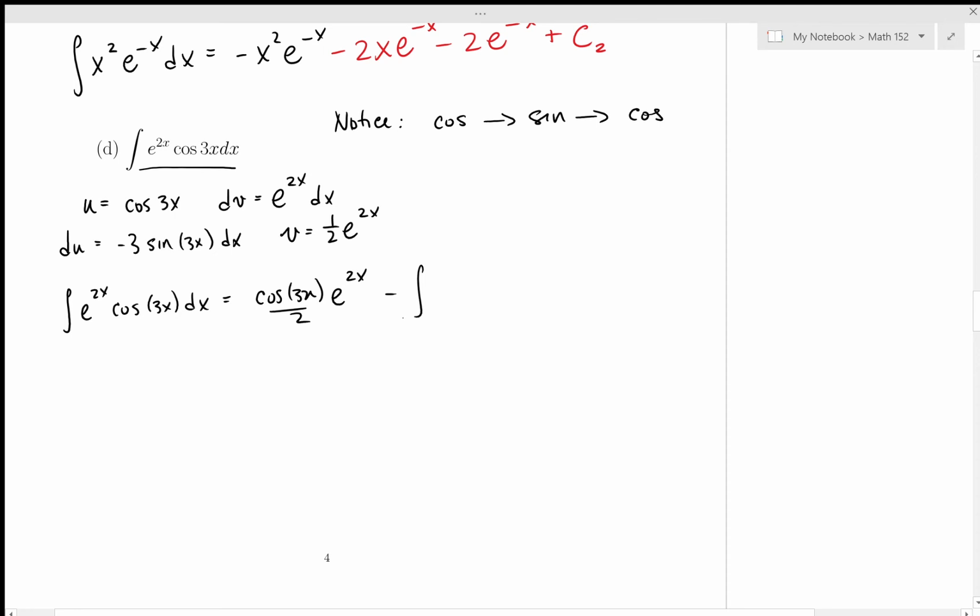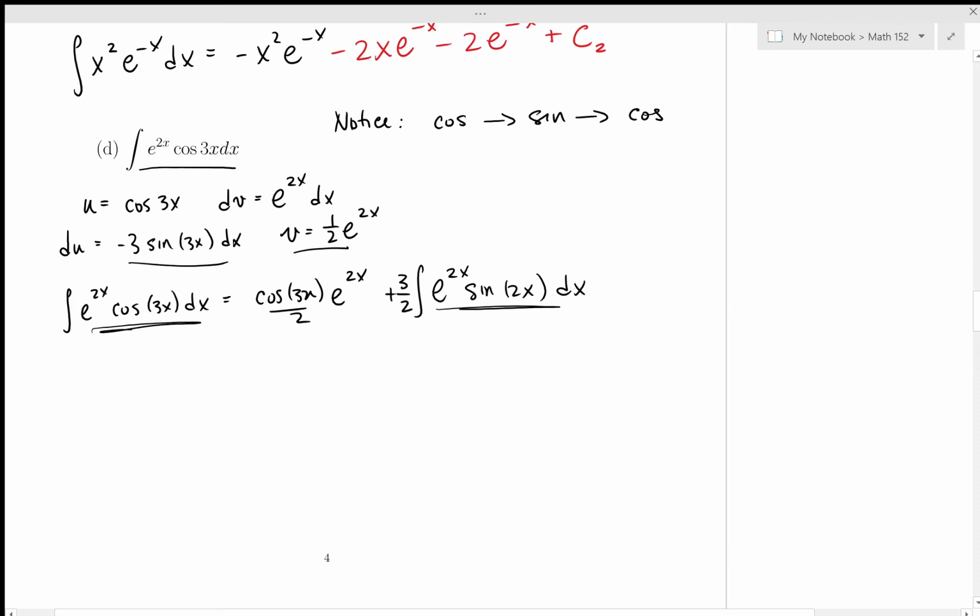V du, so I see a 3/2 there when I multiply v times du, and I see a negative sign, so that is plus 3/2, and I get e to the 2x sine 3x dx. Okay, don't give up. It looks similar. Actually, it looks like we haven't made much progress because we turned an integral that looks like this into one that looks like that, and I can't do that one by inspection either.